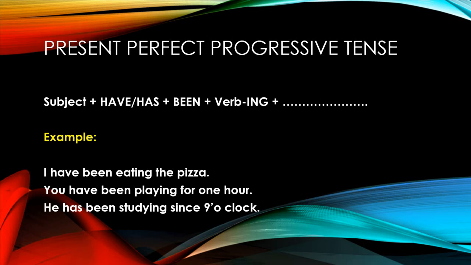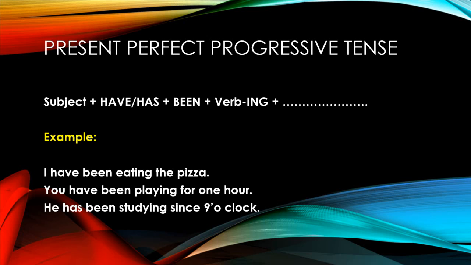That means this tense is connected with two tenses, past and present. The action started in the past and is continuing to present or just stopped, and the result will be important and you can see the result in the sentence.